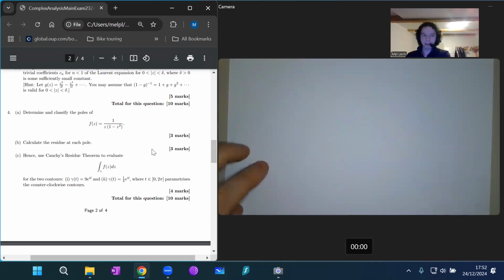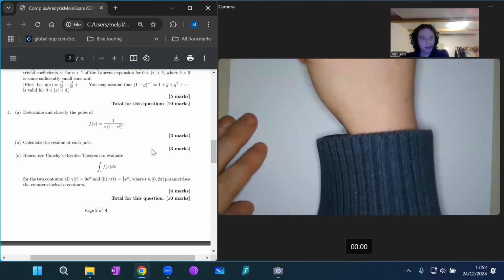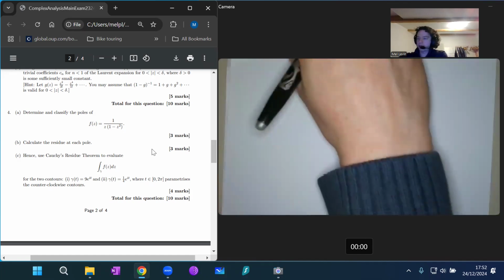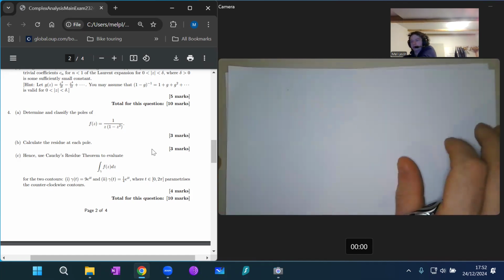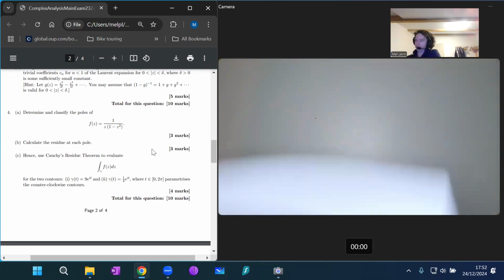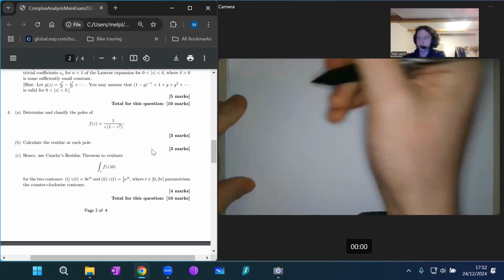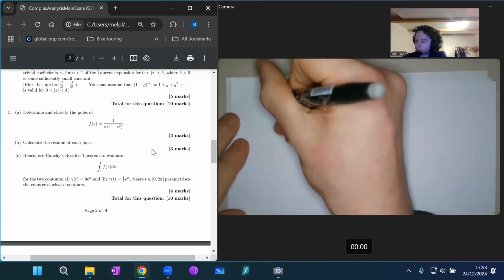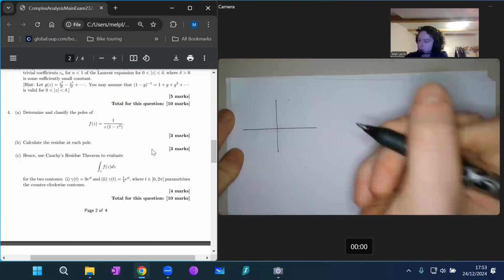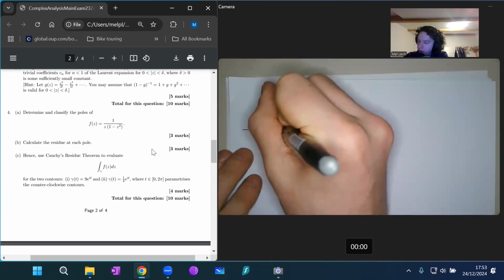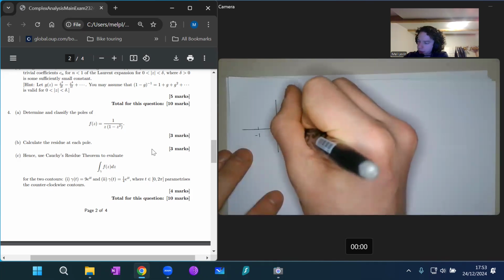Okay, so what do we have? We have a function f that was differentiable everywhere except at 3 poles: -1, 0, and 1.